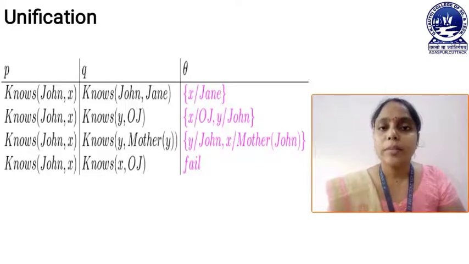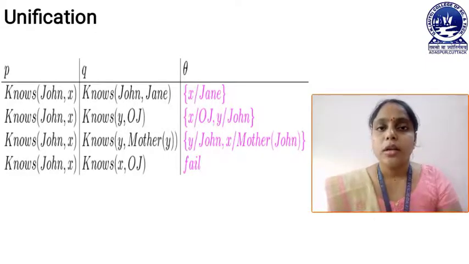If in the Q literal we use the variable Y, then we can apply the substitution, where X is replaced by OJ and Y is replaced by John. After that P and Q become identical. Here in unification, you must remember that unification always uses the substitution to make two different atomic sentences identical.